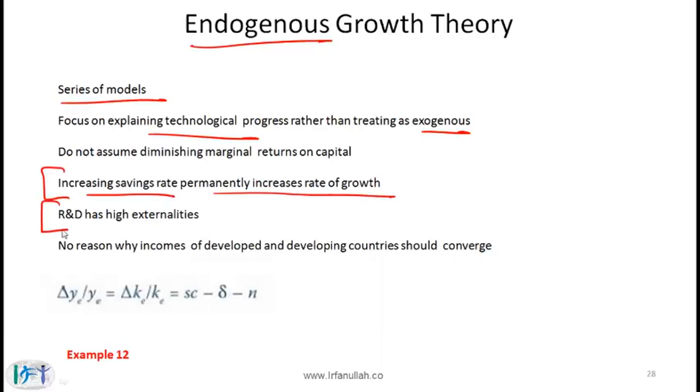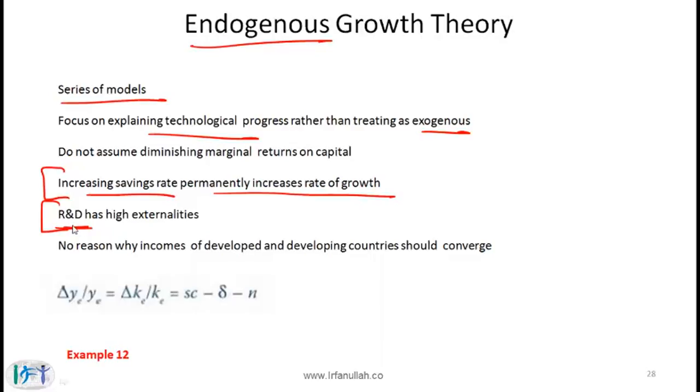An important point made in this model is that R&D related expenditure has high externalities. What that essentially means is that if a given company or a given country does R&D research, the benefits of that research don't just impact one company, but that research is copied by several companies in the economy, maybe by several countries, across different regions.